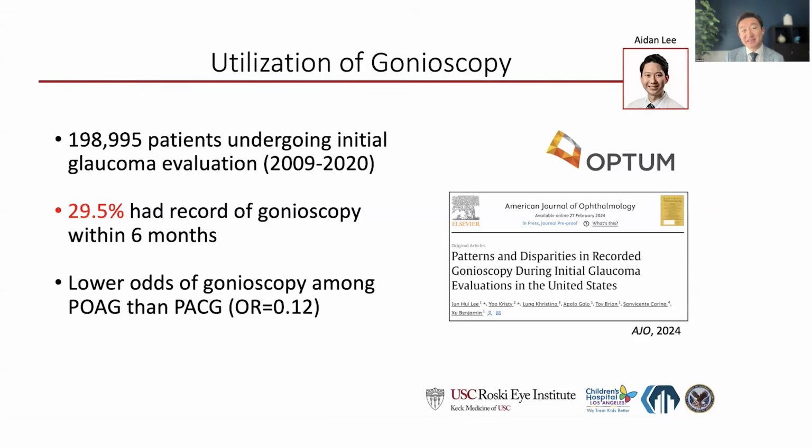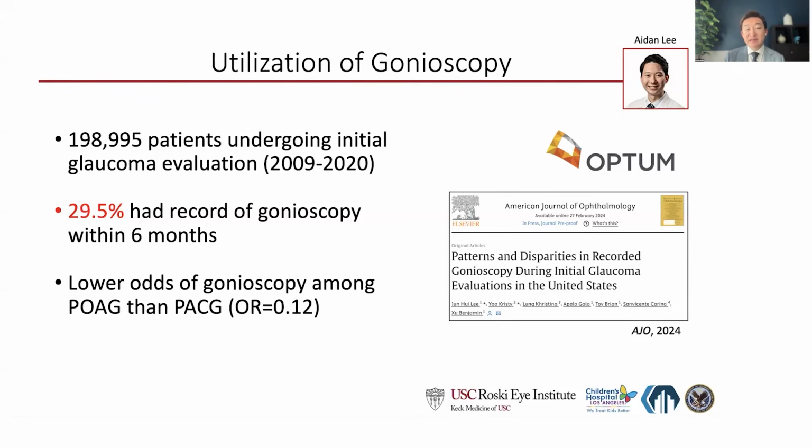What we found in this study is that in almost 200,000 patients who were undergoing initial glaucoma evaluation between 2009 to 2020, only 30% had a record of gonioscopy within 6 months of that first evaluation. So this is in stark contrast to the 100% of patients who should be receiving gonioscopy according to the recommendations by the American Academy of Ophthalmology, but also the World Glaucoma Association.